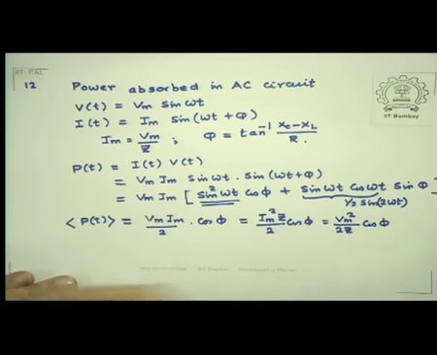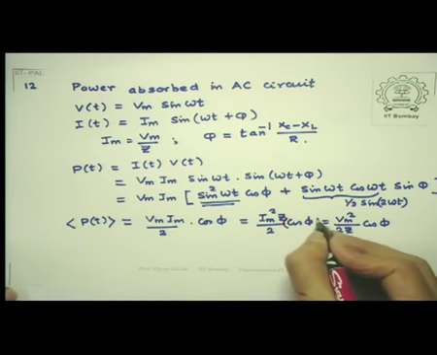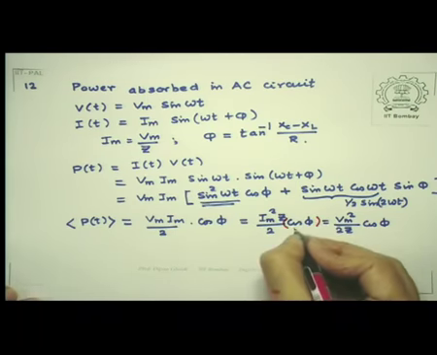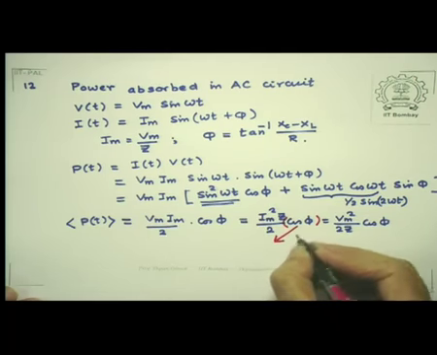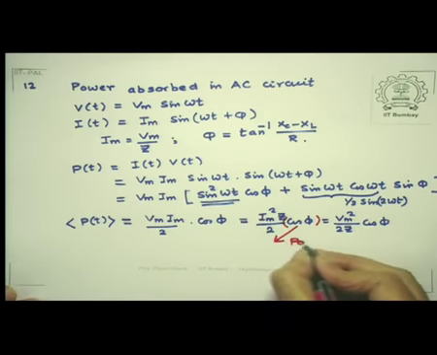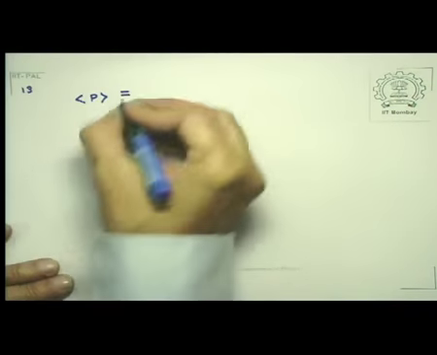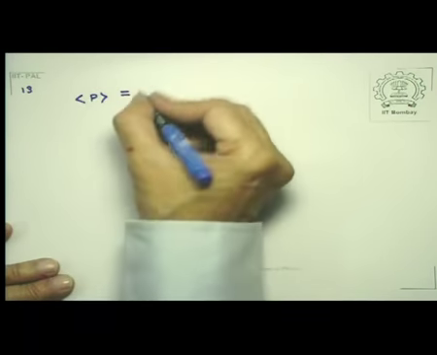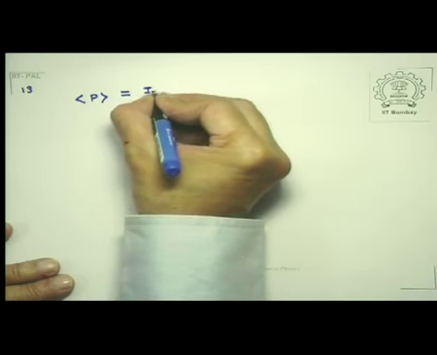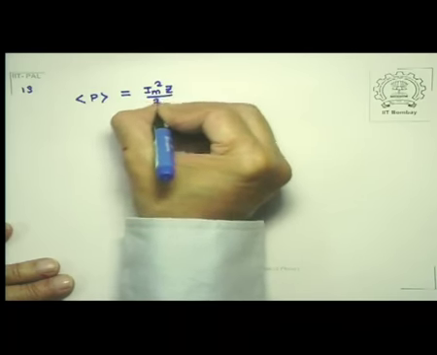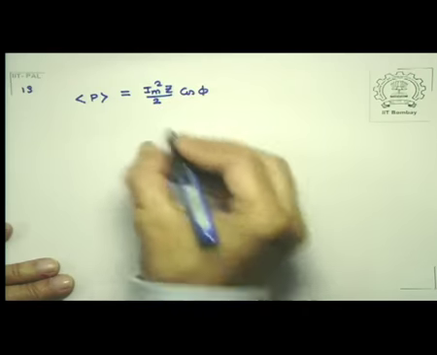Now you notice that in the average power there is a product factor, cosine phi, and this cosine phi factor is known as the power factor. So the average power is given by Im square Z by 2 into cosine of phi.